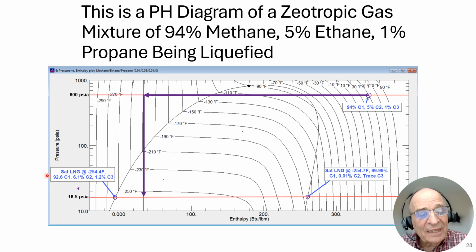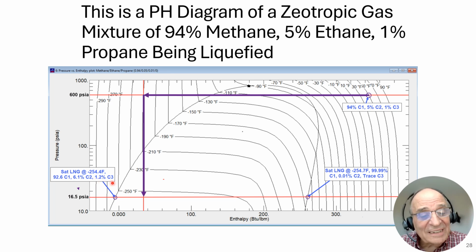Why? Because methane has the lowest heating value of these components. C1 has a heating value of about 1,013 BTU per standard cubic foot. Ethane has a heating value of about 1,775 BTU per standard cubic foot.